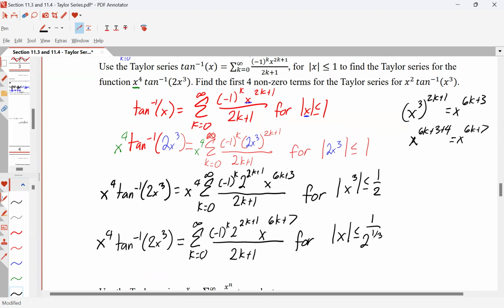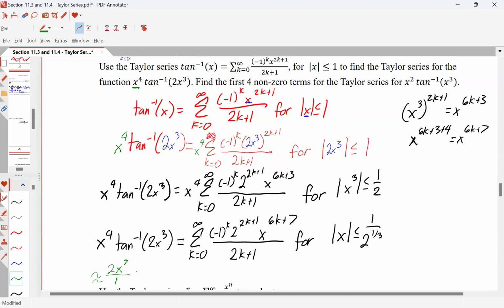So when k equals 0, we have (-1) to the 0, which is 1, 2 to the 2 times 0 plus 1, which is 2 to the first, x to the 6 times 0 plus 7, x to the 7th, over 2 times 0 plus 1, that is 1. So 2x to the 7th over 1 is the first term.